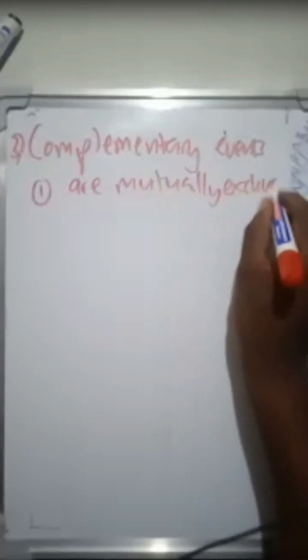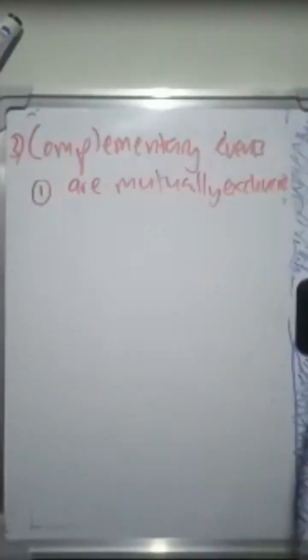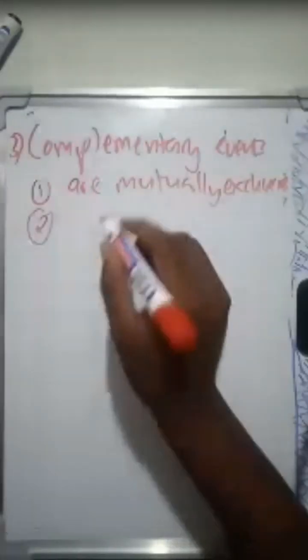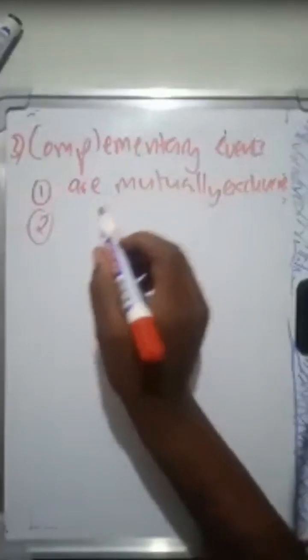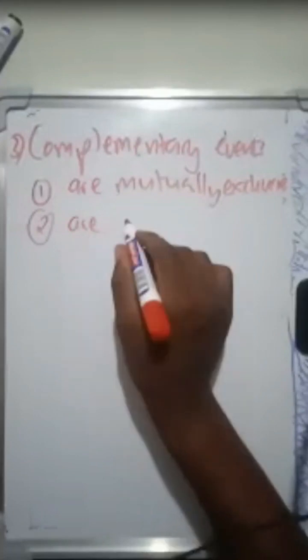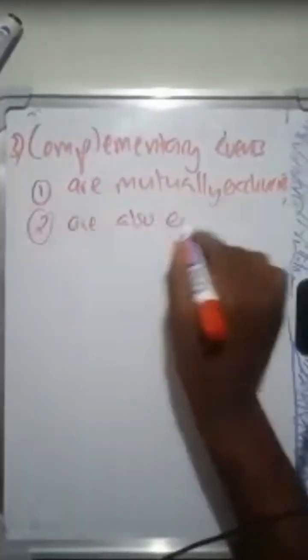Meaning to say, they do not have any common elements and they also don't have any intersection. Okay? And 2, complementary events have to be exhaustive. They are also exhaustive.